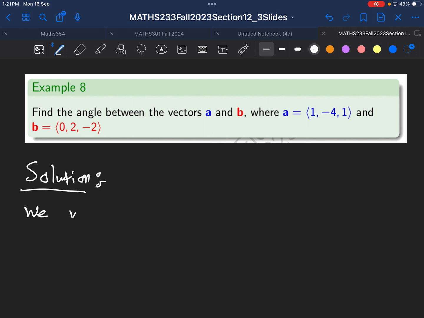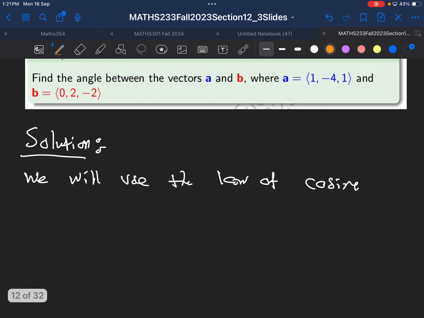Again, we will use the law of cosine. Now, if you remember, the law of cosine says that cosine theta equals, in the numerator we write A dot B, and in the denominator we write the magnitude of A, magnitude of B. Let's find these out.